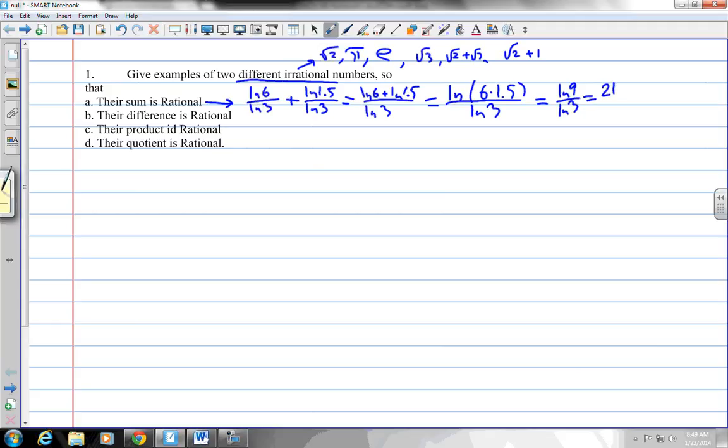Yeah, so it's 2, because 9 is 3 squared, so it's 2 ln of 3 over ln of 3, so those cancel, and you do get 2. Right. Sure. I'm just not 100% certain that ln of 6 over ln of 3 is irrational.